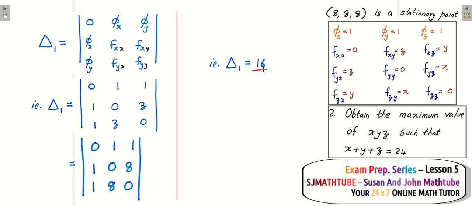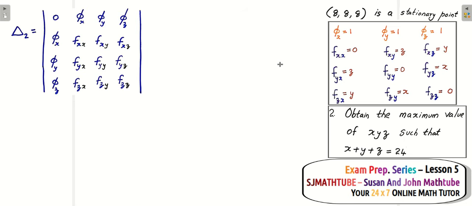Okay, so we got 16, but 16 has nothing to do with the testing part. Is it positive or negative? Yeah, positive. Now for the big determinant, it's very easy. 0. Now you collect all these numbers.